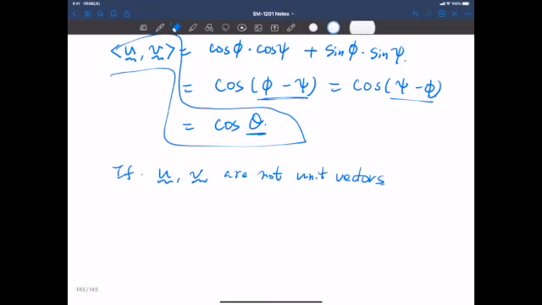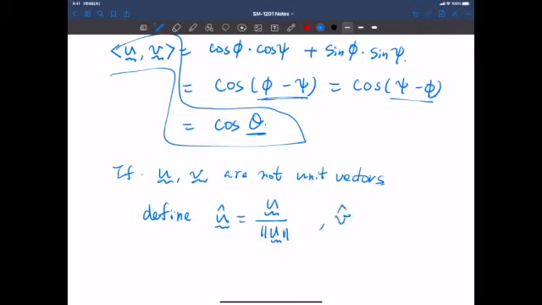Then let us define u hat as u divided by its modulus, and v hat as v divided by its modulus.